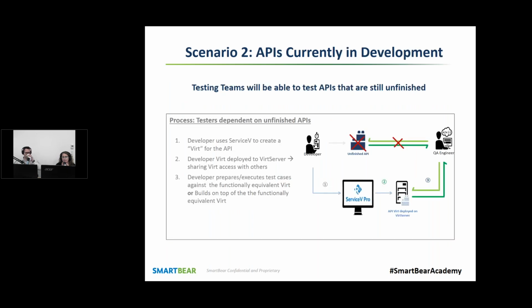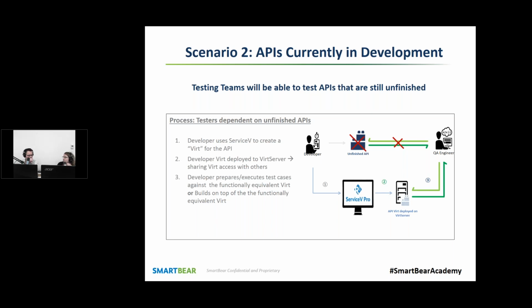In this scenario, where the API is currently being developed, the testing teams are able to test the APIs that aren't finished yet, and the developer creates the virtualized instance of the API. The developer creates that virtualized instance because they know what it's supposed to do. They're working on the design of it. They might have created a WSDL.